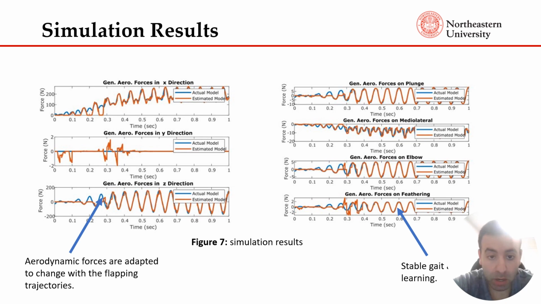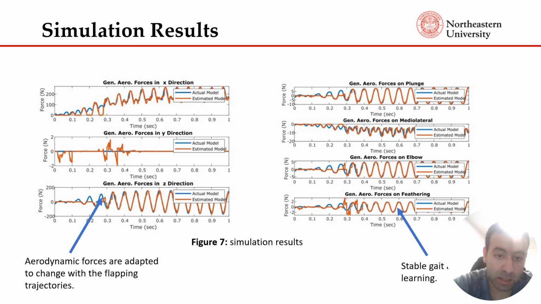We tested our algorithm in simulation, where Figure 7 shows the simulation results. The ground truth of the aerodynamic forces is presented in blue, and the learned aerodynamic forces acting on the robot are presented in red.